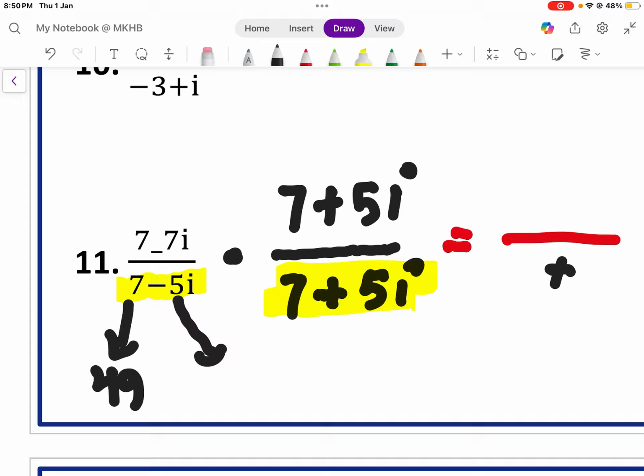Don't look at the negative, the positive, or the i; it is 25. Take them here: 49 plus 25.